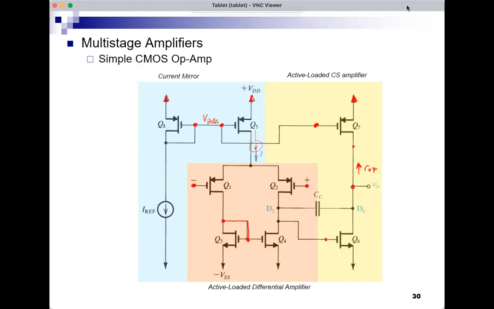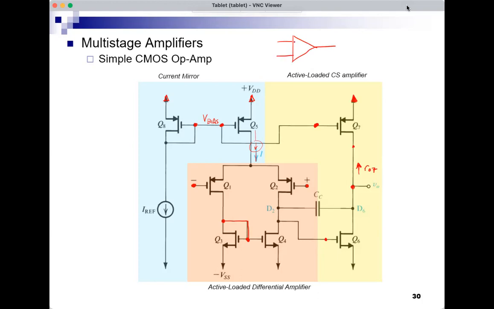For the active loaded differential amplifier, we just derived some equations and we can use them. And now we can find the overall gain of this amplifier. So now we're looking at our first op-amp implementation.